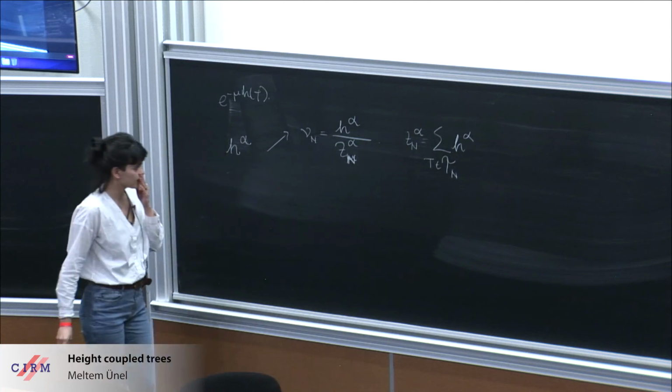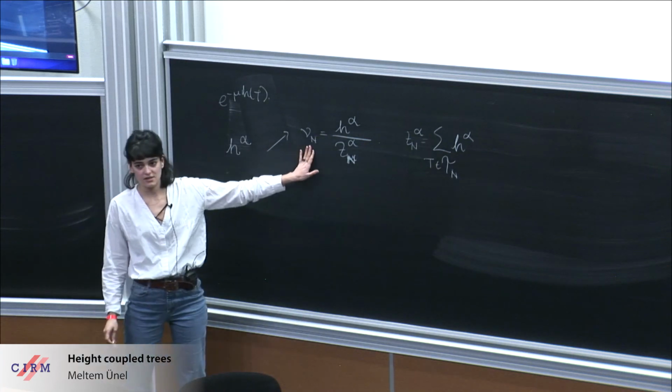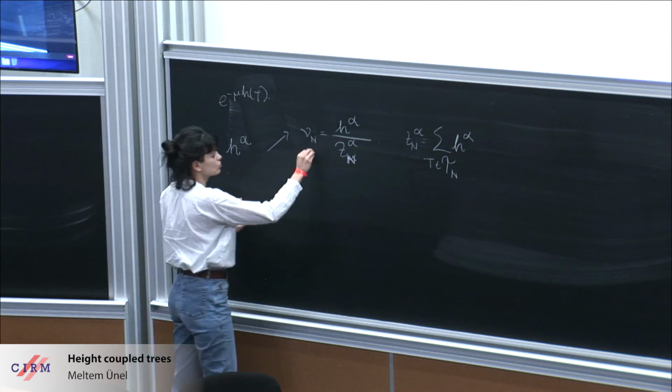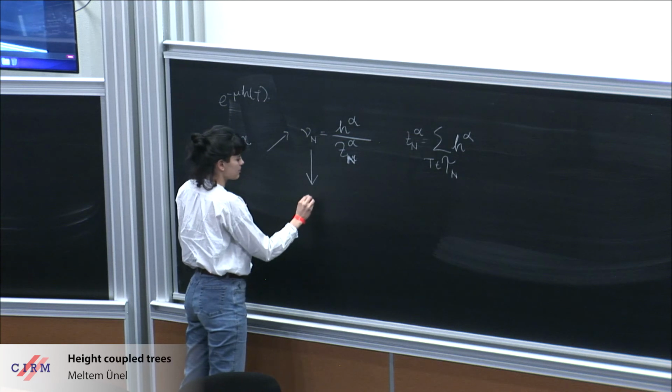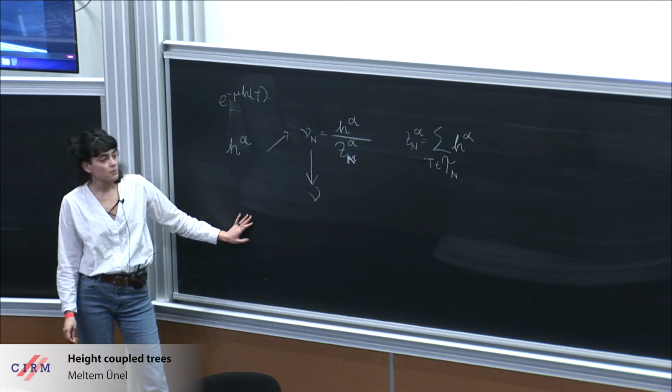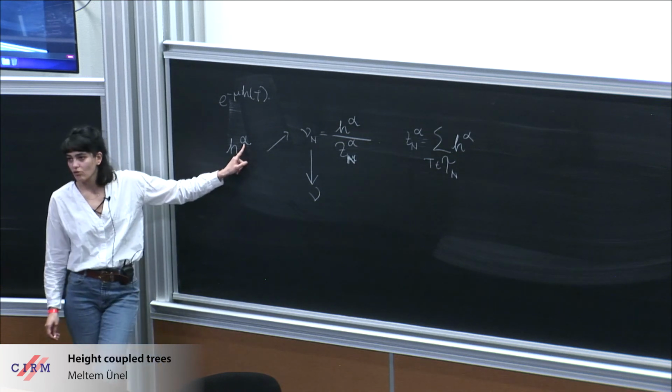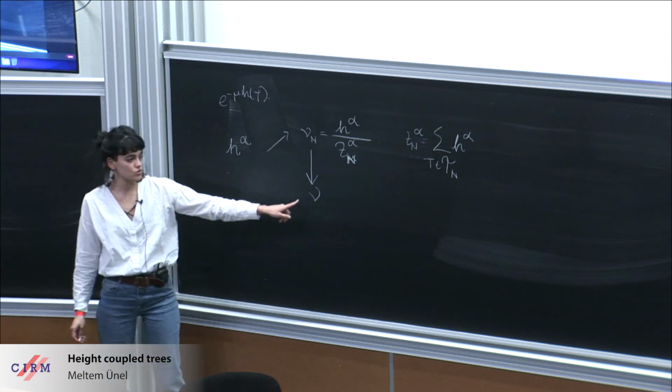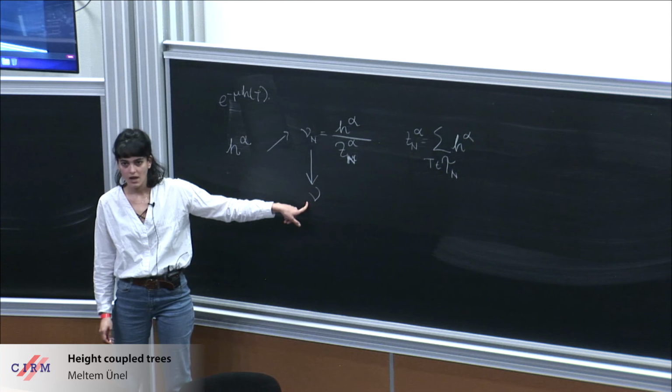One can again look at these finite size height weighted probability measures, and then one can show that these converge to a probability measure that is supported on T, but independent of the value of alpha. This measure is the uniform infinite planar tree.